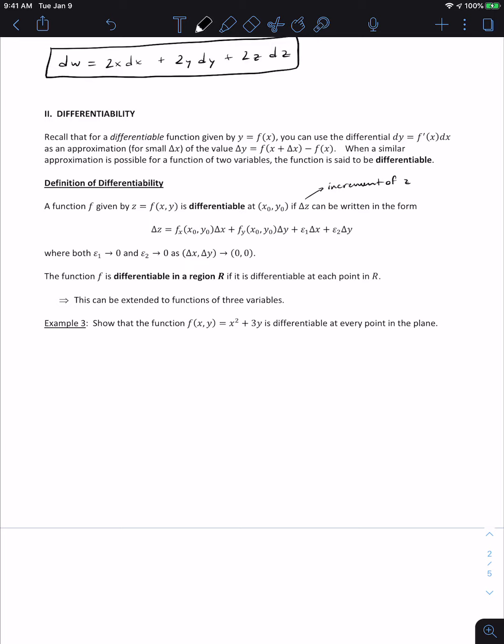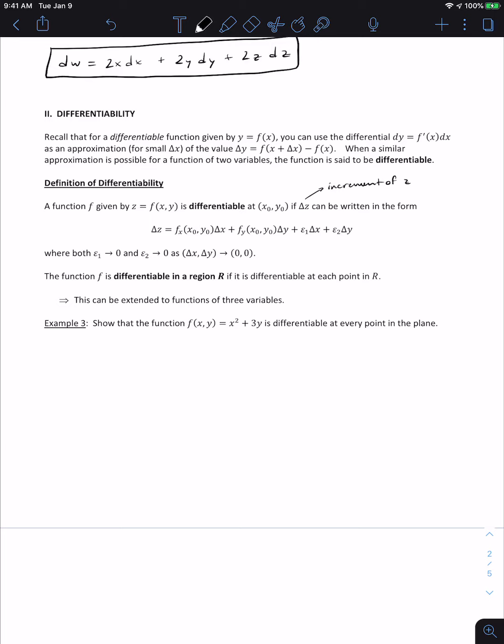So the idea is that we figure out what delta z is, and if it can be rewritten in this form, then we say it's differentiable at that point. That's how we're going to answer example 3 here.